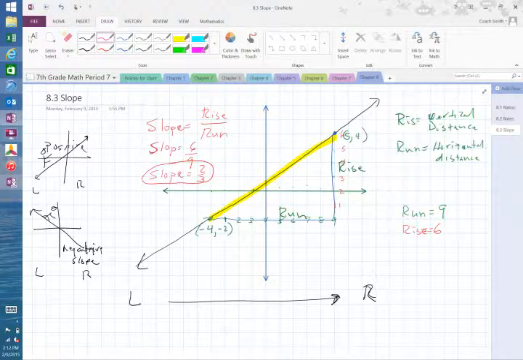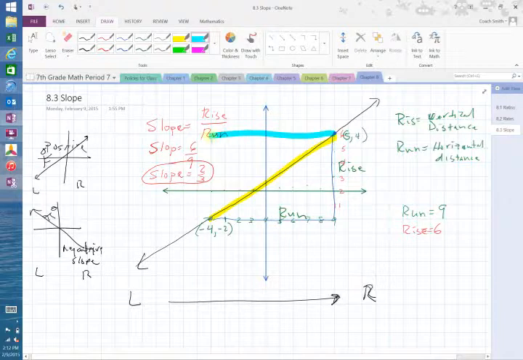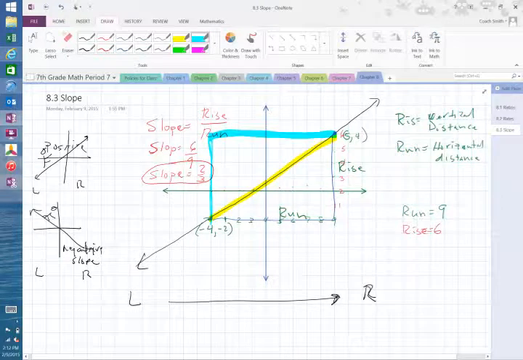Okay? You could have done the rise over run over here as well. You're still going to get 8 there and 6 there.